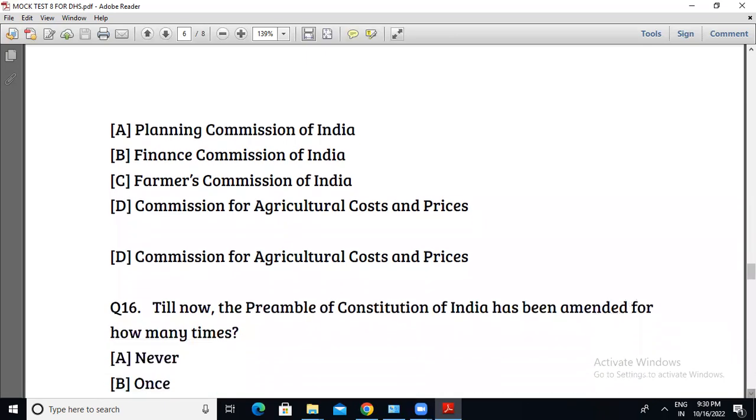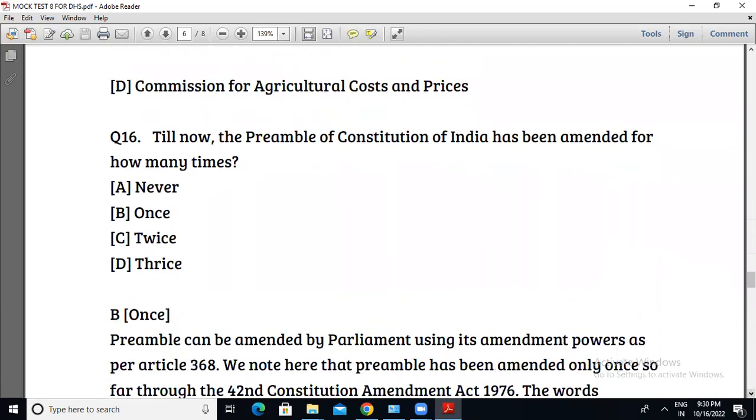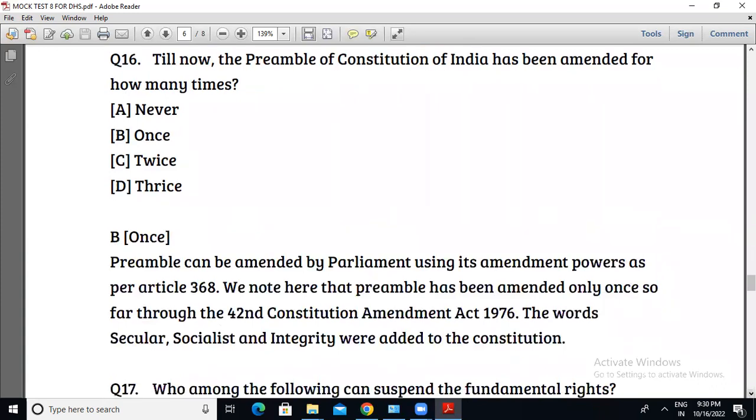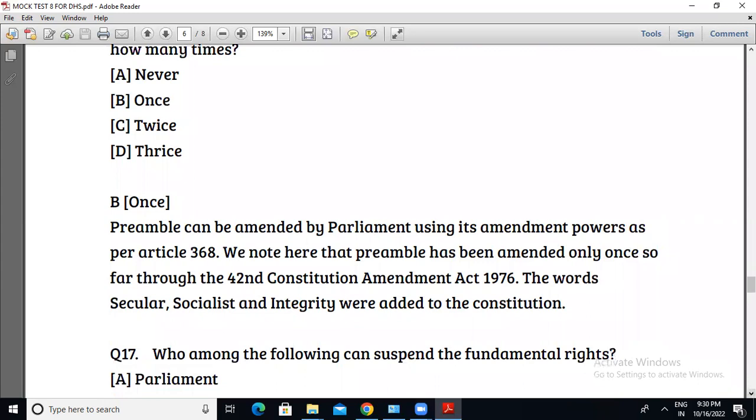Next, till now, the preamble of the Constitution of India has been amended for how many times? কিমান বাৰ আমাৰ সংবিধানৰ preamble খন amend কৰা হৈছে? So answer is option B, that is only once. 42nd Constitutional Amendment Act. So the preamble can be amended by Parliament using its amendment powers as per Article 368. Article 368 মনত ৰাখিব লাগে, যাৰ দ্বাৰা আমি সংবিধানখন সংশোধন কৰিব পাৰো পাৰ্লিয়ামেন্টৰ সহায়ত.